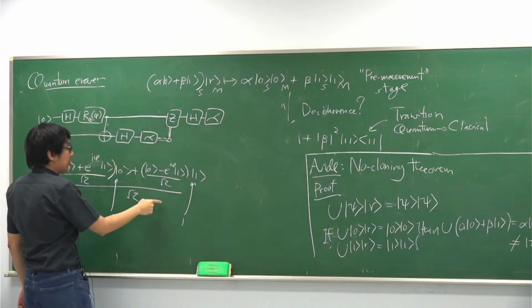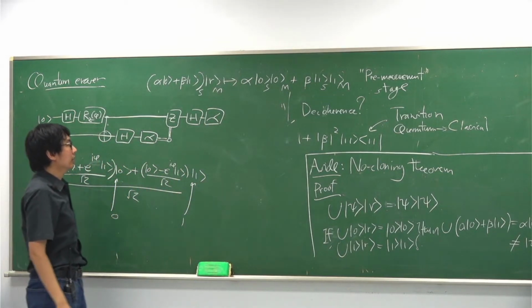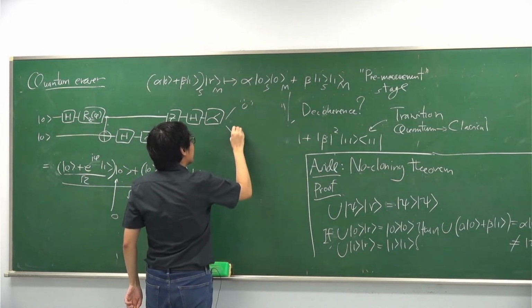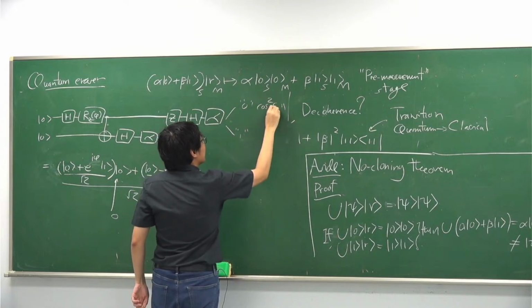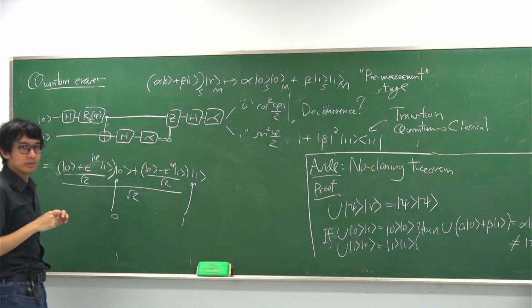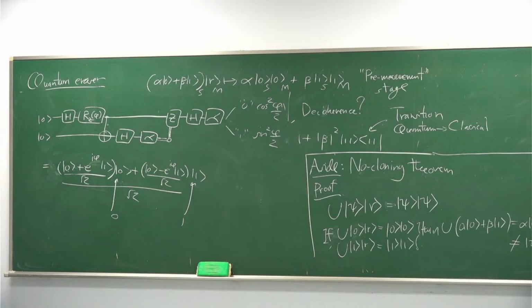And then if you do this, in both cases you'll be able to see the interference here, with probability cosine squared and sine squared. Right, because that post-processing allows us to sort of ignore this whole thing.